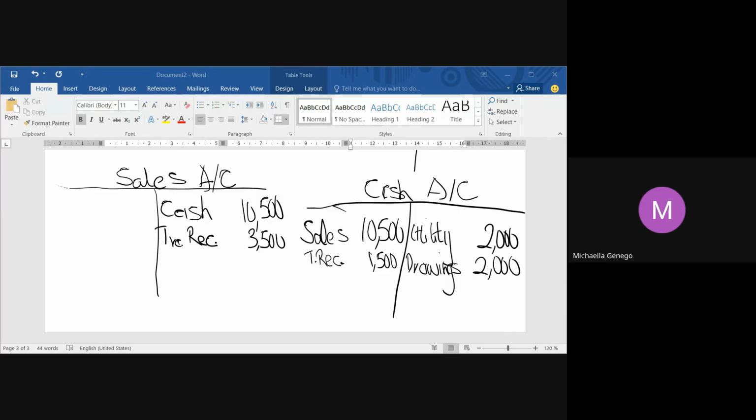So when you close the account, what are your final balances? Sometimes you can have balance brought forward and balance carried down in the same account, because the balance we recorded in today's transactions will be our balance brought forward next year.